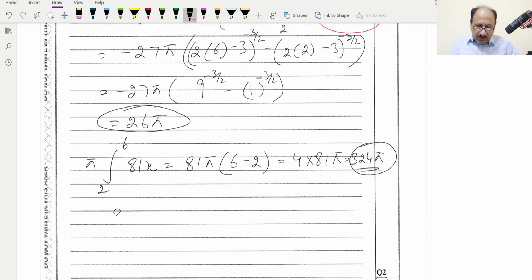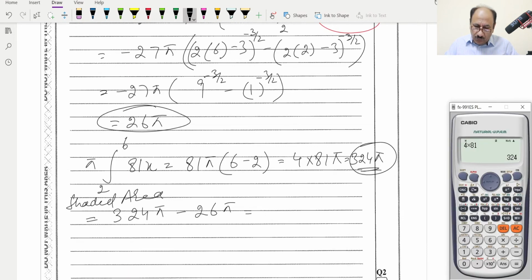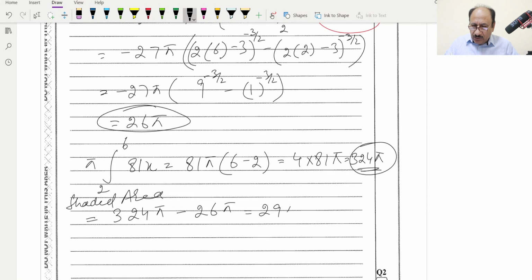So this will be 324 pi minus 26 pi, and we can write shaded area is equal to this, and 324 minus 26 will be equal to 298 pi. So 298 pi will be our final answer for this part.